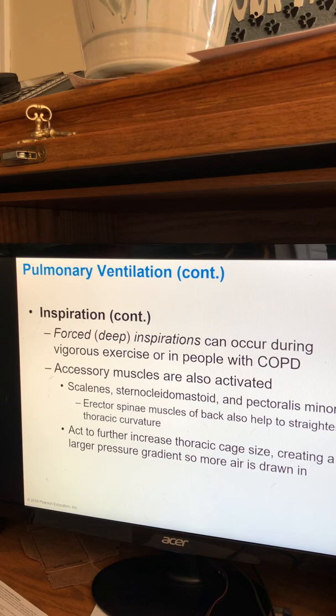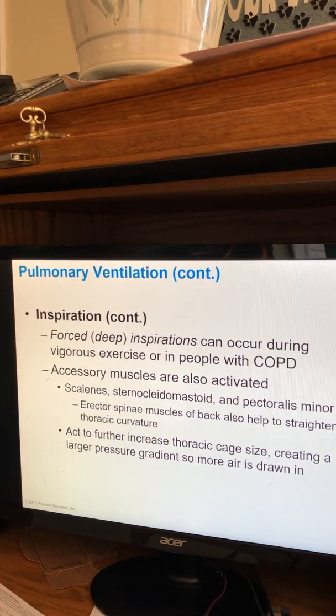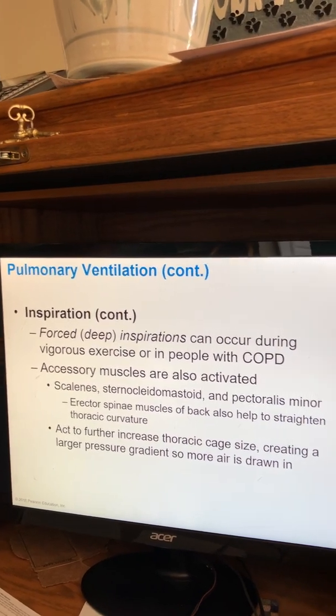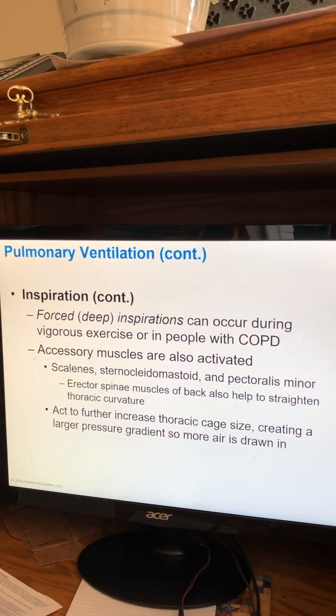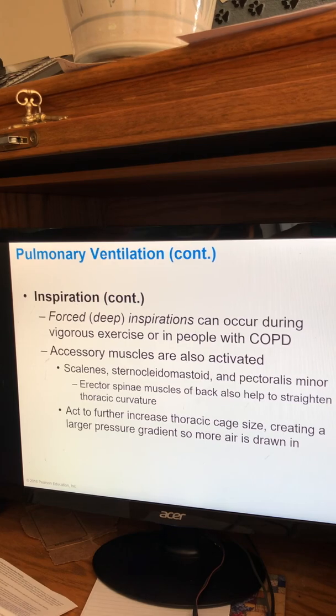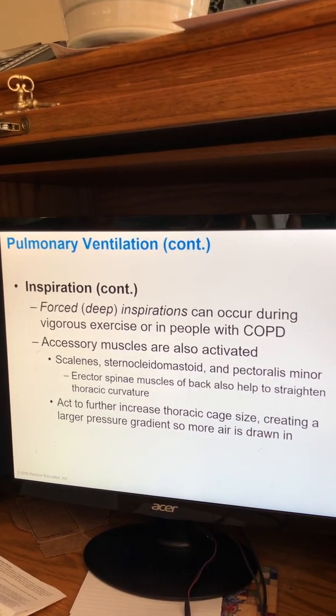So breathing itself is going to be mostly done with the diaphragm. The diaphragm is a dome-shaped muscle, and when it flattens, it's going to cause air to come into your lungs. If you are doing heavy breathing like exercising, you're going to activate some of the other muscles that are considered to be accessory muscles.